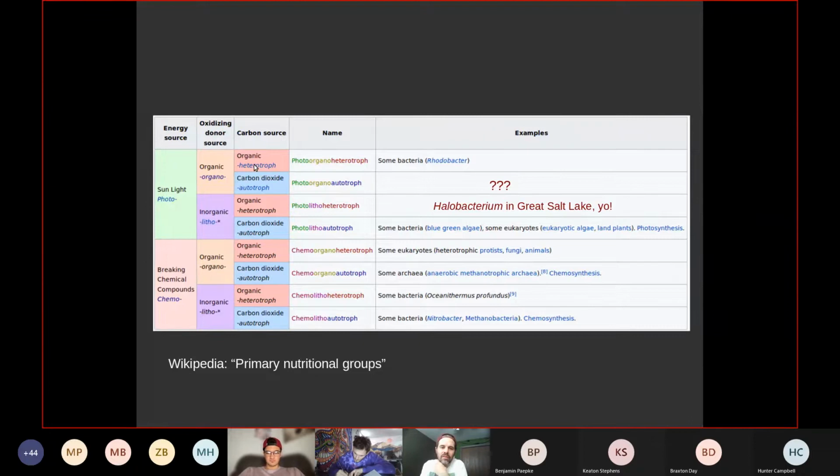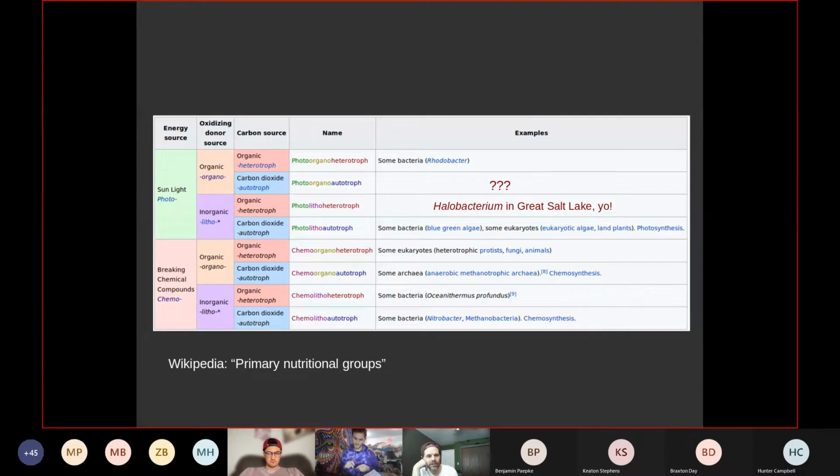Some interesting stuff comes up. Notice the 3 question marks there for photo-organo-autotroph. So something that uses sunlight for energy, uses organic sources for electrons, and uses CO2 for their carbon. I don't know and cannot find, and Wikipedia doesn't have, and the textbook doesn't have, any examples of this in nature.